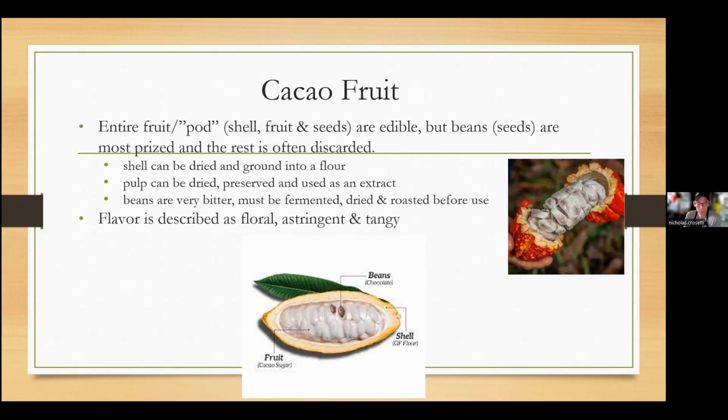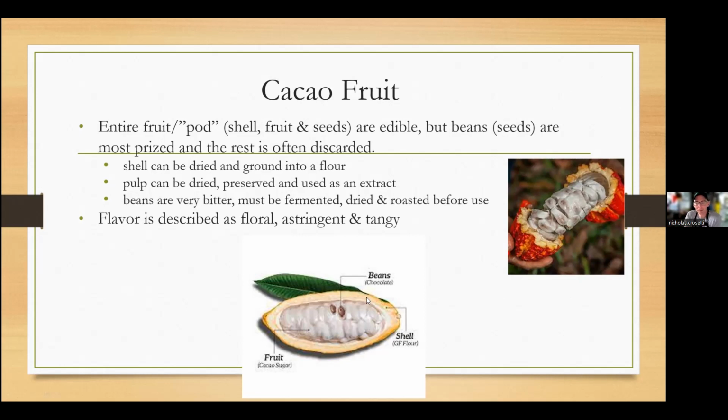The pulp, the white part of the fruit, is edible and can be dried or eaten fresh. But the beans, the seeds inside, are really what are prized and what people grow cacao for.